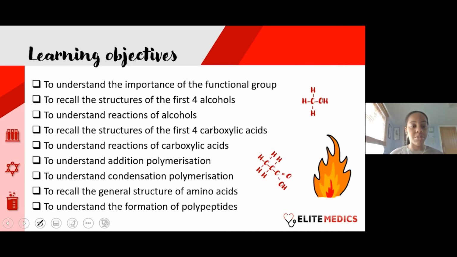We're going to be doing the same for carboxylic acids, understanding their structures and their reactions. Then we're going to be understanding addition polymerization and condensation polymerization, okay? And then finally ending off with recalling the general structure of amino acids and understanding the formation of polypeptides.